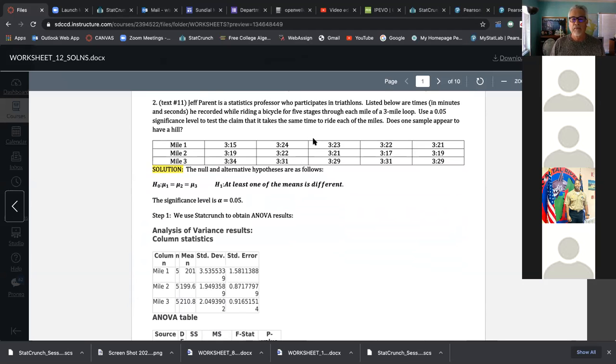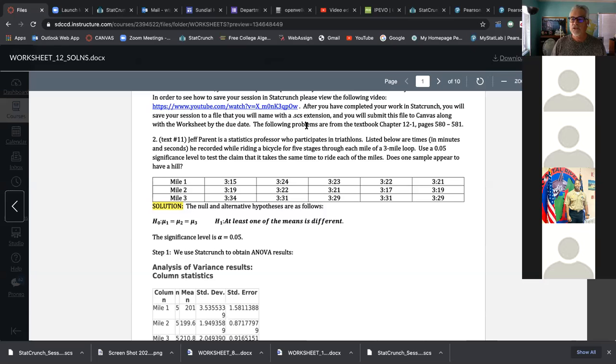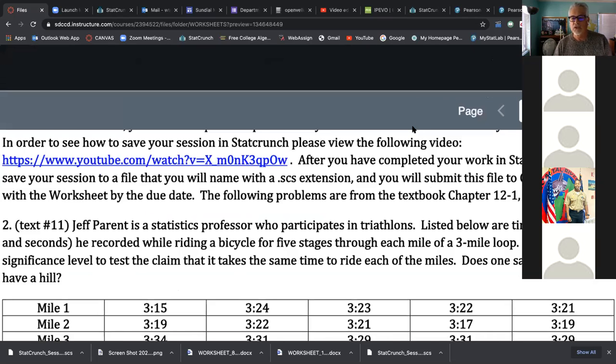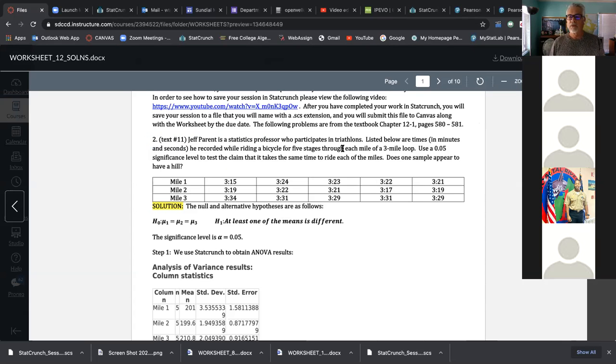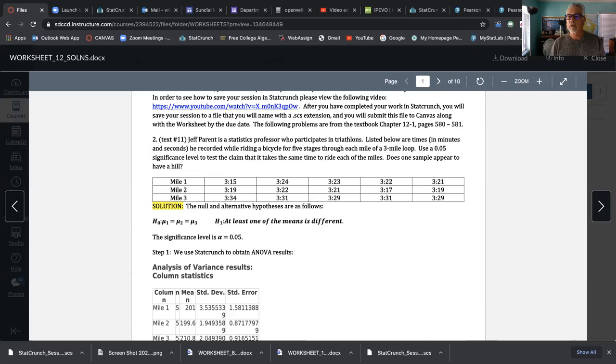Oh, by the way, these exercises are from chapter 12, section 1 on so-called one-way analysis of variance. And so these are some problems that were taken right out of your textbook here, okay?